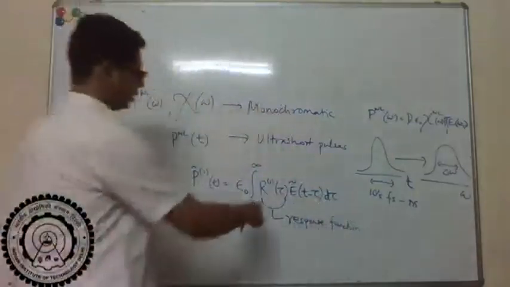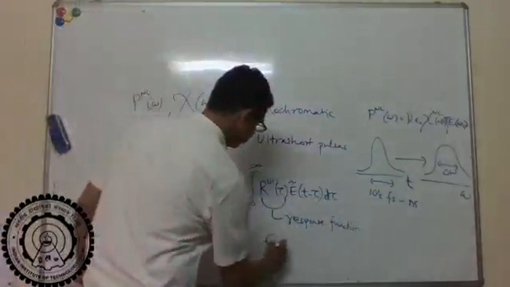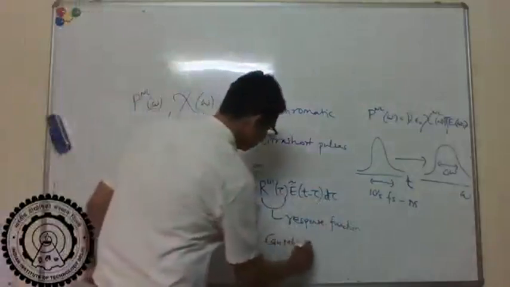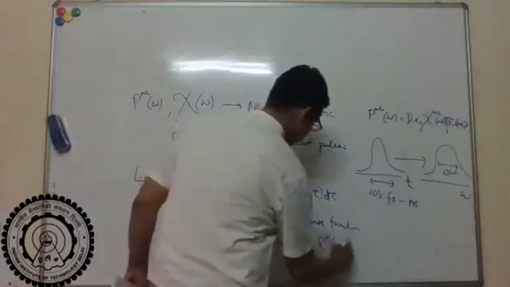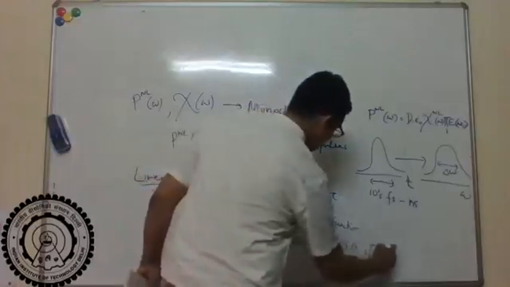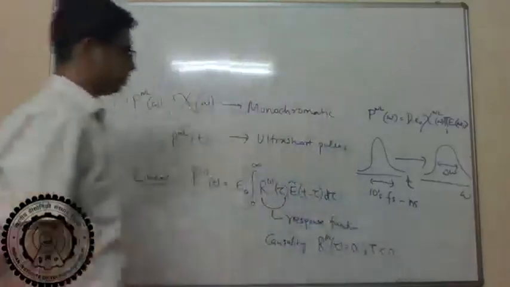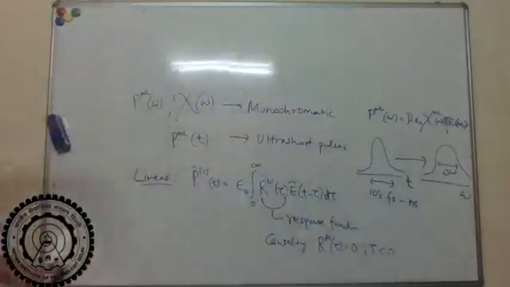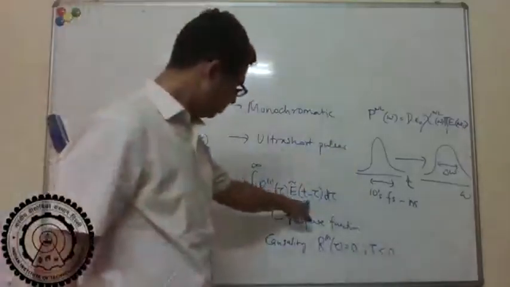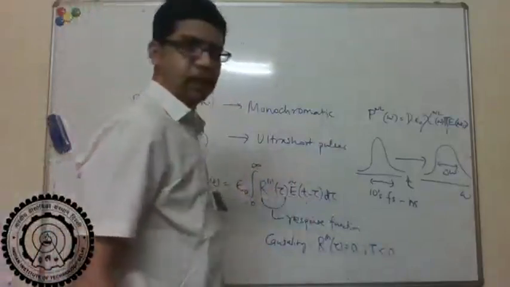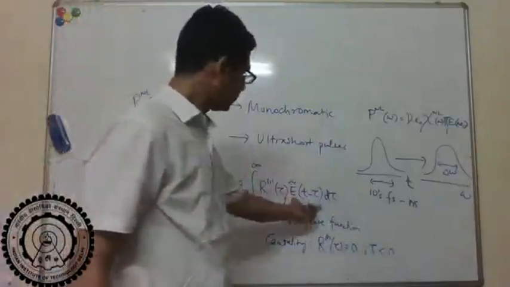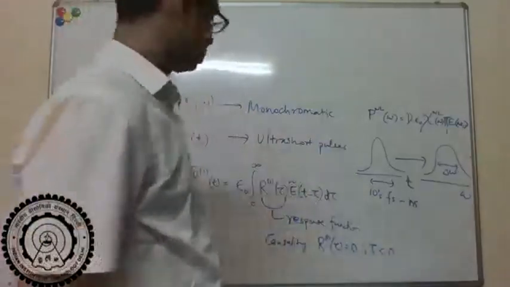To obey causality, R of tau is 0 for tau less than 0, which means the polarization at time t depends on the fields applied in the past.